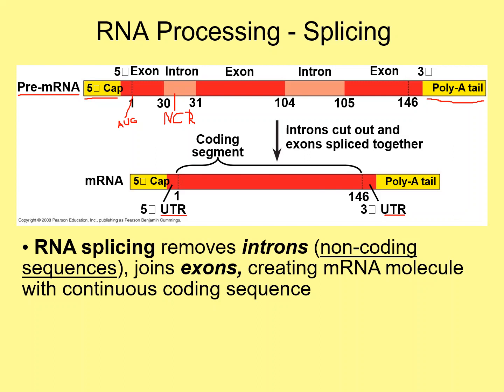So the introns are not coding sequences, meaning they're not part of the final sequence to make the protein that we want to make, right? They're not part of the final instructions. They're just some junk. We've got to get rid of the junk before we can send this beautiful piece of RNA off to the ribosome.